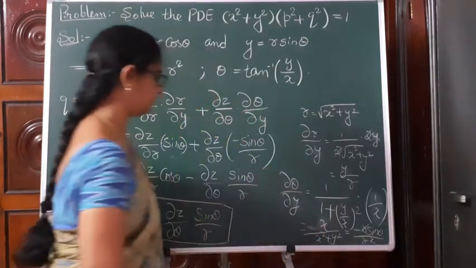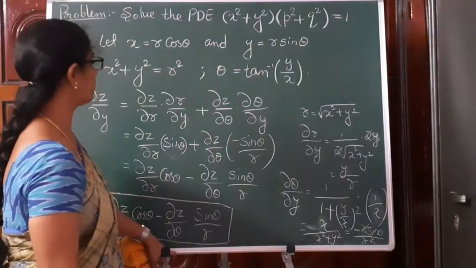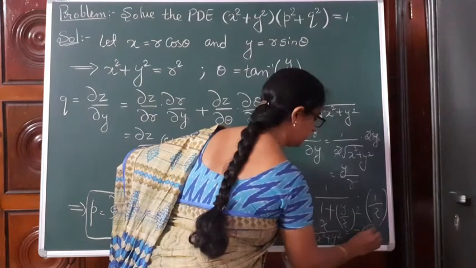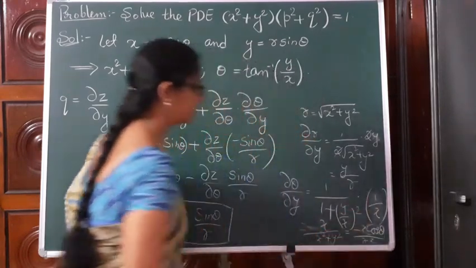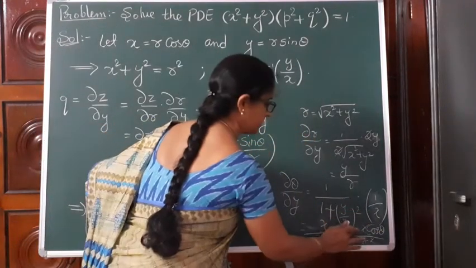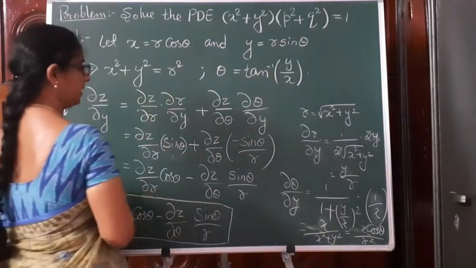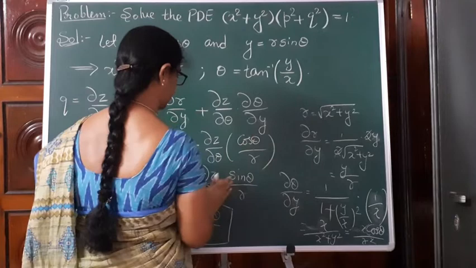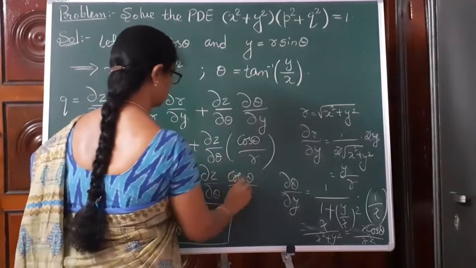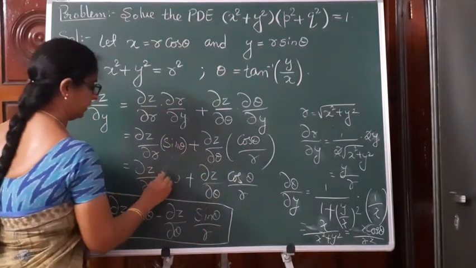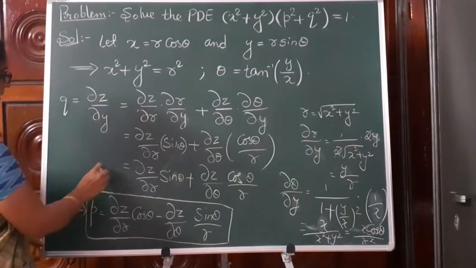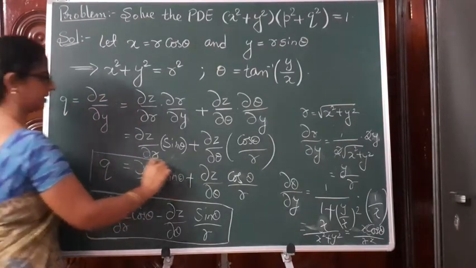No minus here. What is x? x is r cos theta. So r cos theta by x square plus y square. x square plus y square is r square. Therefore, this gives cos theta by r. So here, in place of minus sin theta, we get cos theta by r. This is sin theta. Therefore, Q is this.